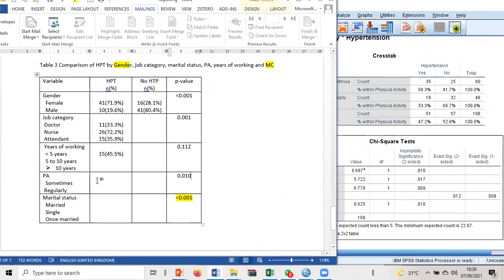Yes. How does it work? First one, 35, 58.3. Next one, 16, 33.3. So what's the connection? Among those who exercise regularly, only 33% are hypertensive, compared to almost double among the others.